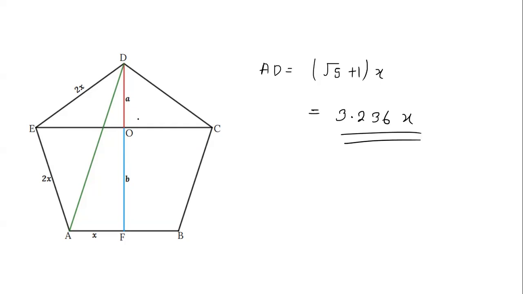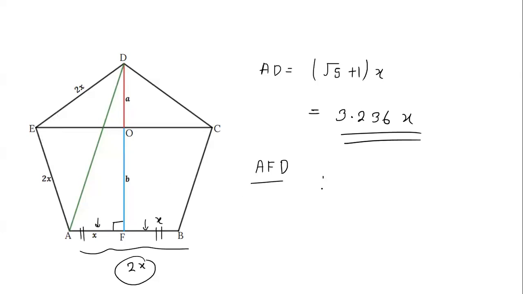Now look at this triangle AFD. We know this angle is 90 degree, and we know this whole length is 2x. This perpendicular will divide this side into two equal parts, so this will be x and this will also be x.